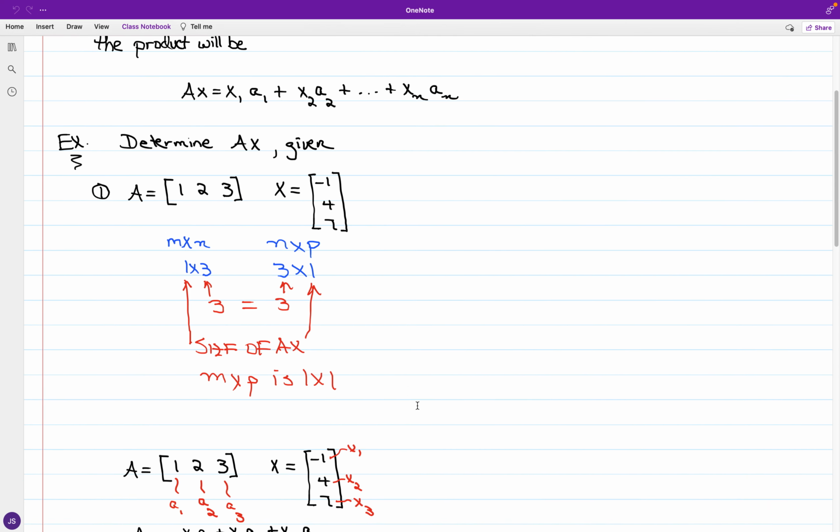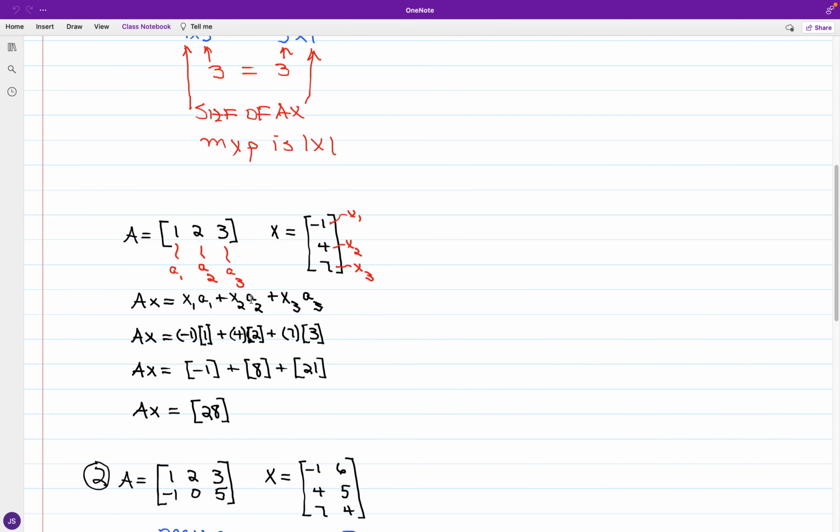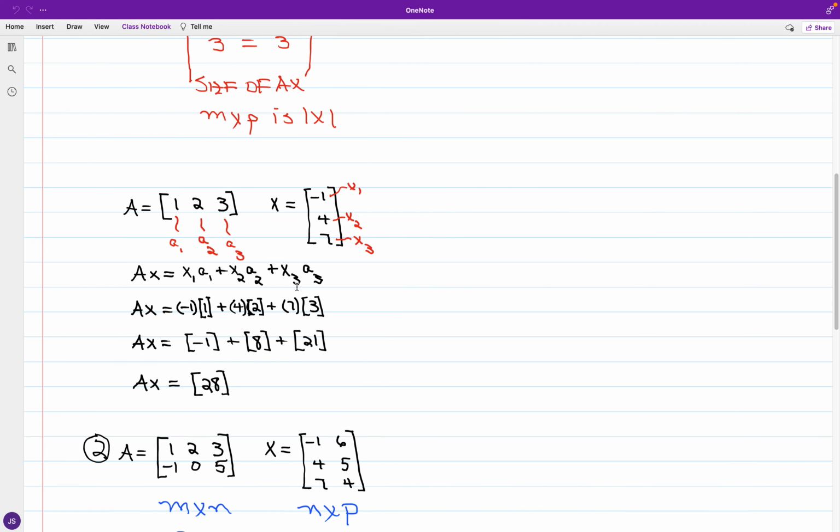Referencing the algorithm, a of 1, a of 2, and a of 3 are the terms from matrix A. And x of 1, x of 2, x of 3 are the values running down the column in X. So x of 1 is -1, x of 2 is 4, x of 3 is 7.